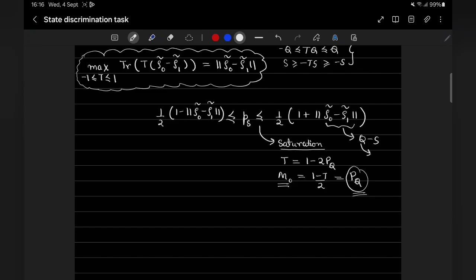So basically I perform a spectral decomposition of q and then collect all the eigenvectors. So this is summation over i of lambda q i. So this is actually the POVM element that saturates it. And m1 is automatically 1 minus pq.